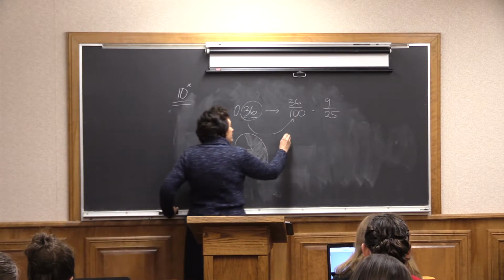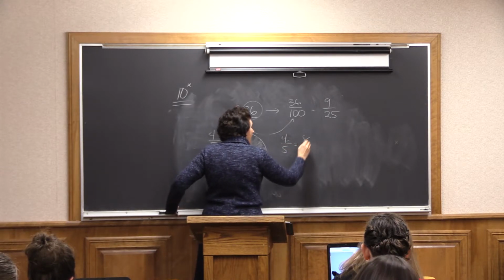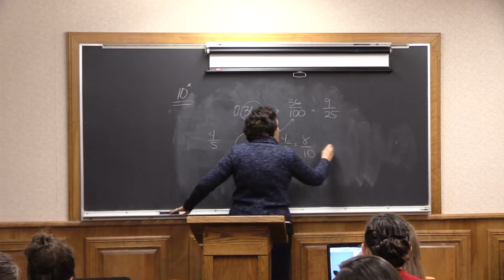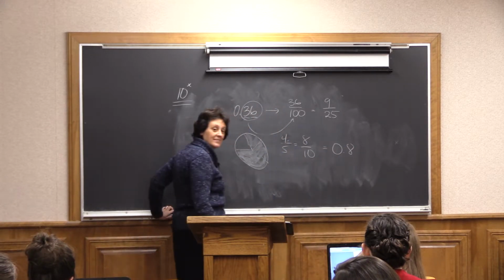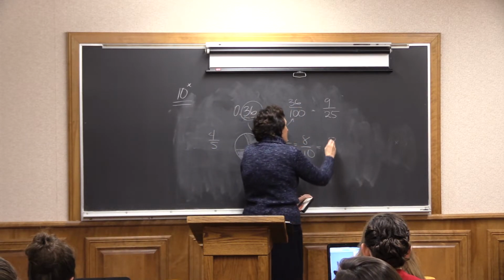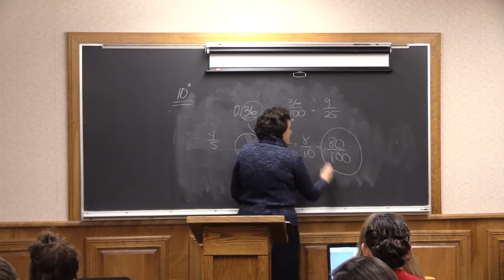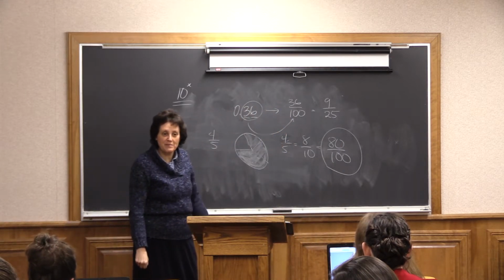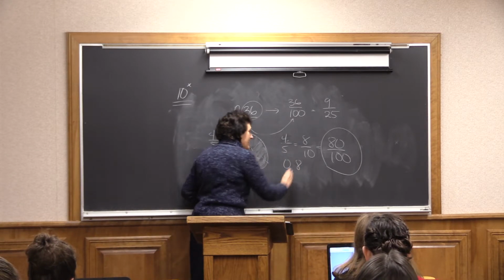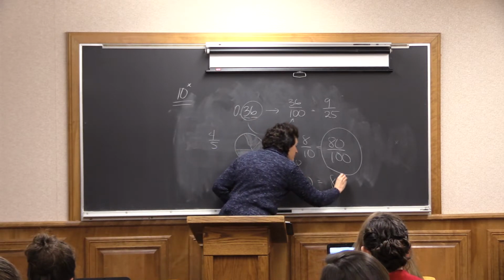But it's also equal to 8/10, isn't it? Which makes it equal to 80 hundredths. Oh, this is what percent means. Percent means out of 100. So then 4/5 is 8 tenths, is 80 hundredths, is 80%.